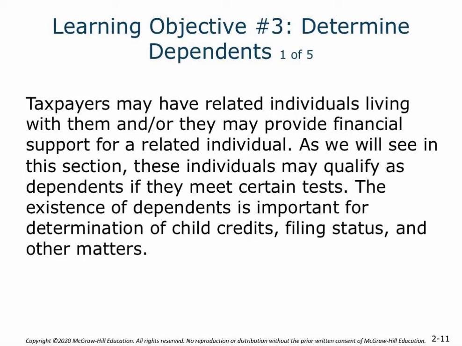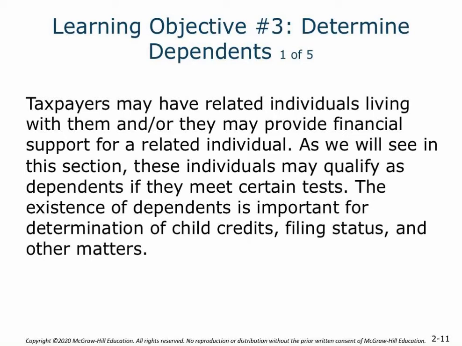So learning objective 3, determining dependents. Taxpayers have related individuals that live with them, and they're going to be provided financial support. What we're going to want to do here is to see whether those individuals being provided support qualify as dependents. There are certain tests that we're going to walk through, similar to the tests we saw for filing status, to see whether the individual would qualify as a dependent.